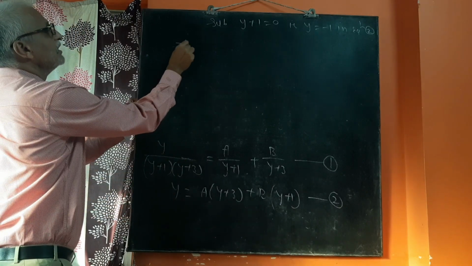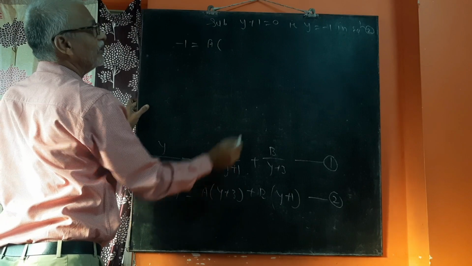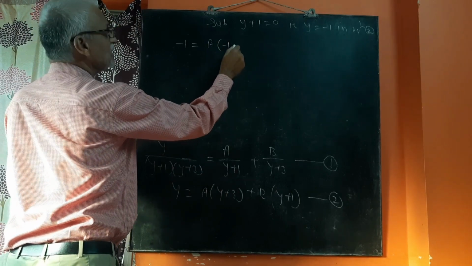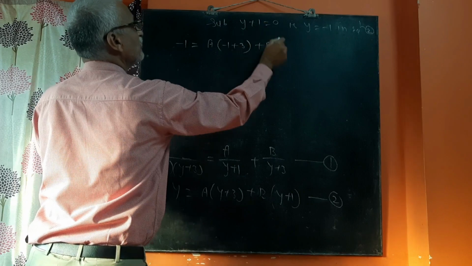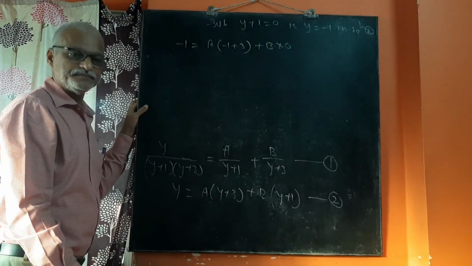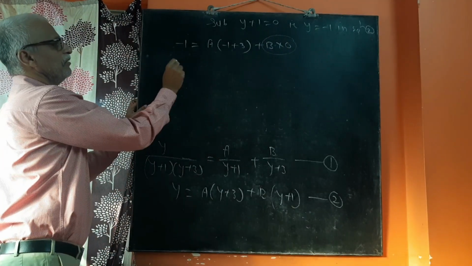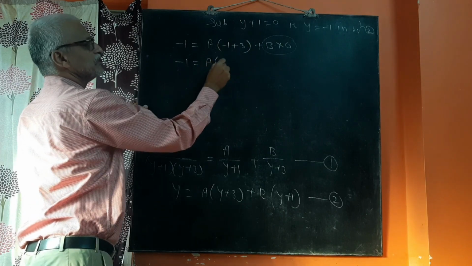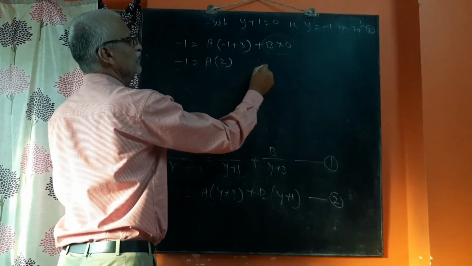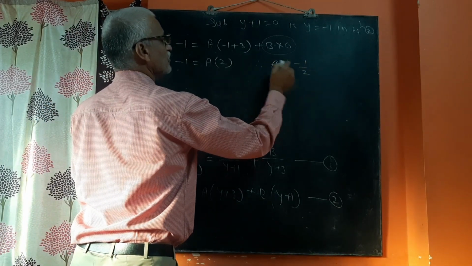So this will be minus 1 is equal to a into (minus 1 plus 3) plus b into (y plus 1), that means b into 0. So this is 0. Minus 1 equals a into (minus 1 plus 3), that is 2. And therefore a equals minus 1 upon 2.